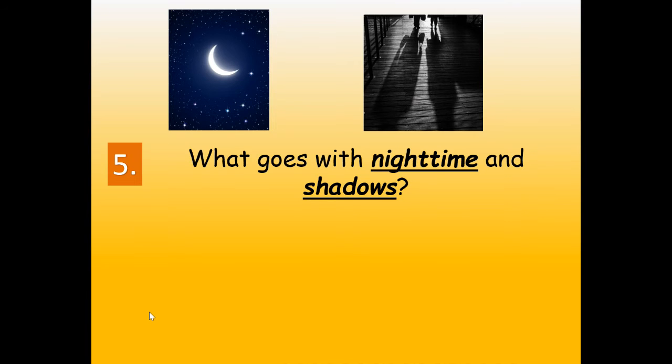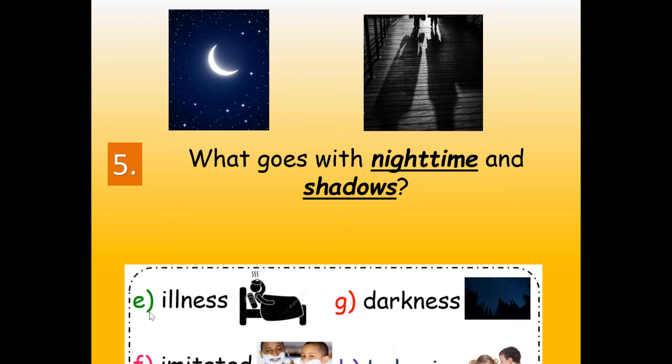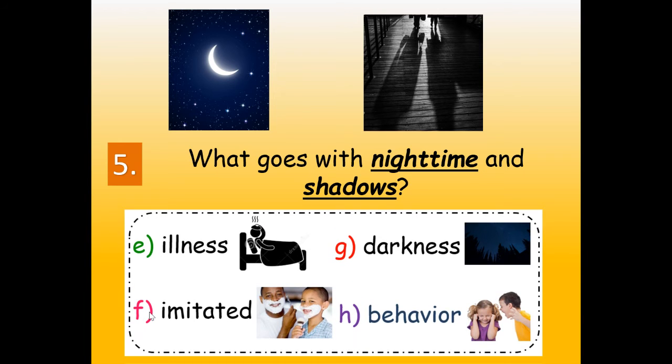Number 5, what goes with nighttime and shadows? Look at those picture clues and the words. Would it be illness, imitated, darkness, or behavior that goes with nighttime and shadows?